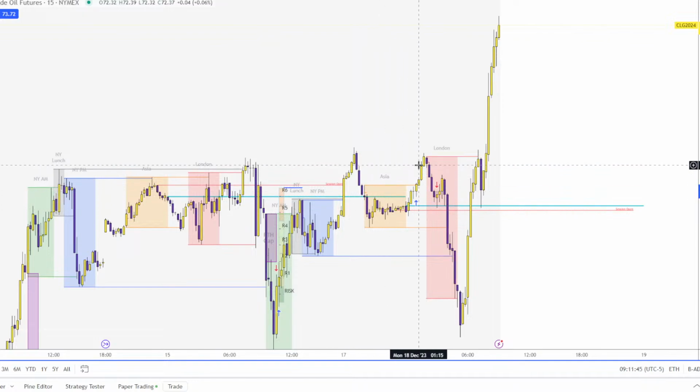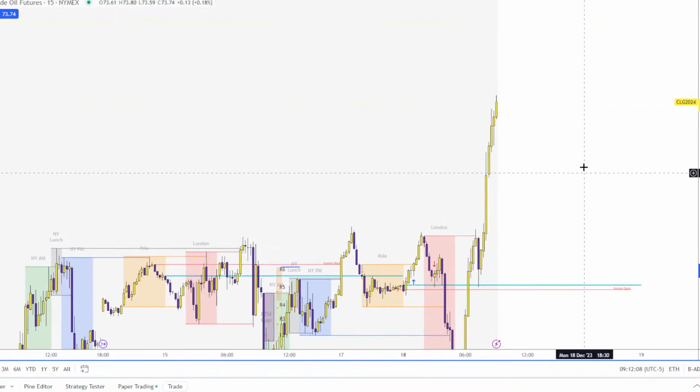When you're not able to watch it, either trail your stop loss up, or as soon as you hit your PD array, close out your trade. It's that simple. But I didn't. I tried to reach for higher PD arrays, and it didn't work out that way. And consequently, I lost $200.